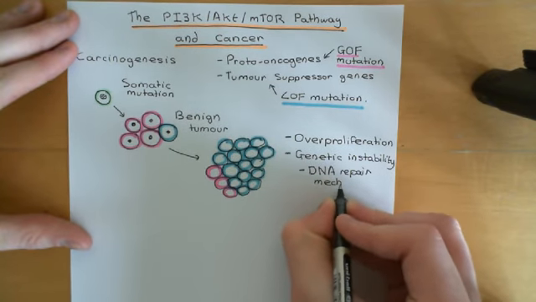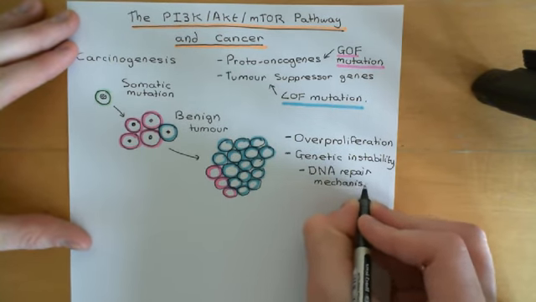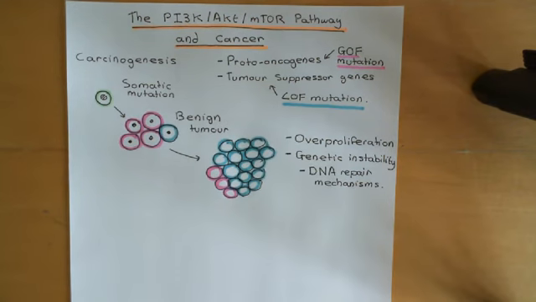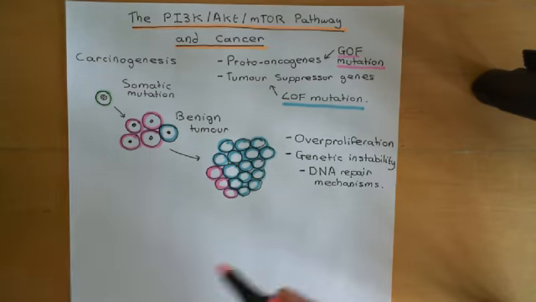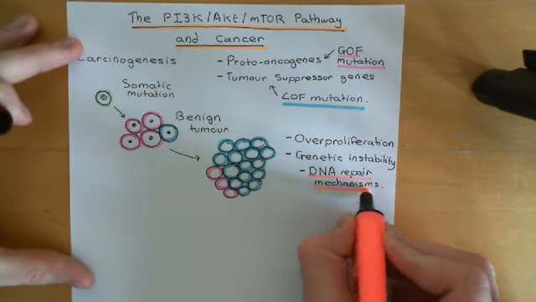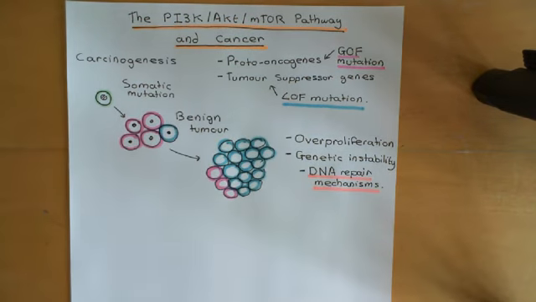Okay, so basically, the cancerous cells, the way that they have this property of genetic instability, this tendency to acquire mutations far more rapidly than normal cells, it's because they have had mutations which have resulted in loss of function in the DNA repair mechanisms. Okay, and if the DNA repair mechanisms go down, then your frequency of acquiring mutations goes up hugely.